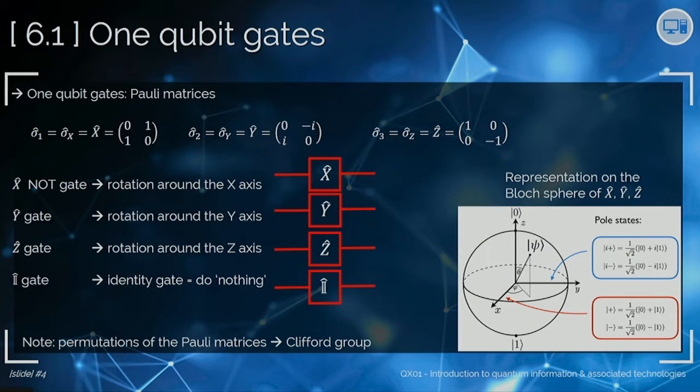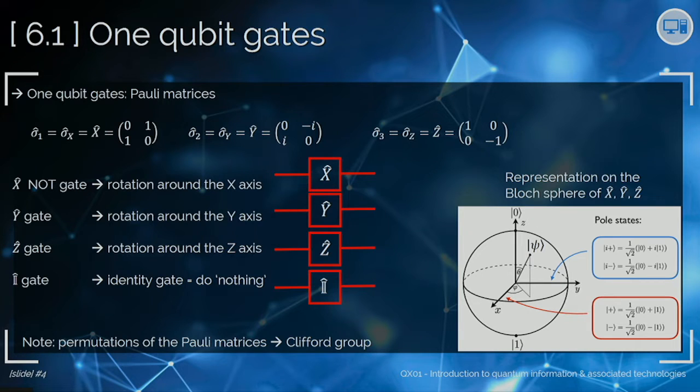Right, so quickly, 1 qubit gates. We said these Pauli matrices that we talked about, so the X, Y, and Z gates, together with the identity gate, which is the do-nothing, basically represent a set of 1 qubit gates. And particularly the X Pauli gate can be seen as the NOT gate. And each of them can be seen as a rotation along the X, Y, and Z axis if we go back to the Bloch sphere representation of a qubit.